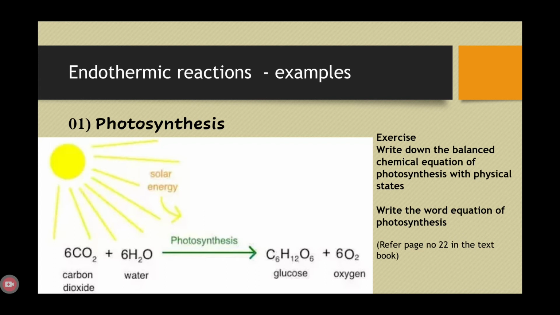Then there is an exercise. Write down the balanced chemical equation of photosynthesis with physical states. Write the word equation of photosynthesis. You can refer to page number 22 in your textbook to write the right answer.